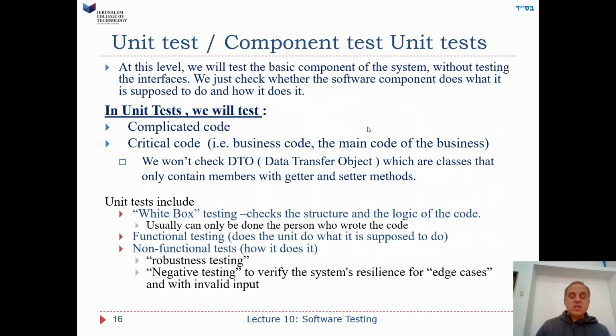In other words, we don't necessarily test the simplest functions or methods, like get name and set name, because we'll assume that there weren't mistakes there. Either the programmer knows what he's doing, or he's an idiot. But if he knows what he's doing, he wrote that correctly, and we don't necessarily test that.